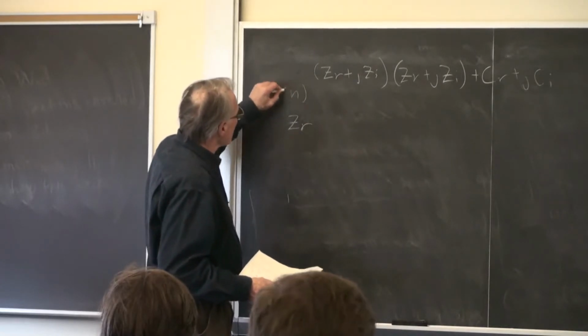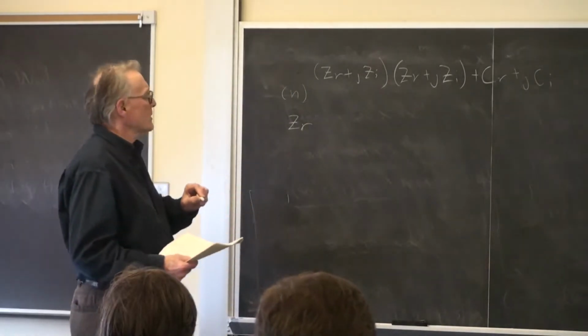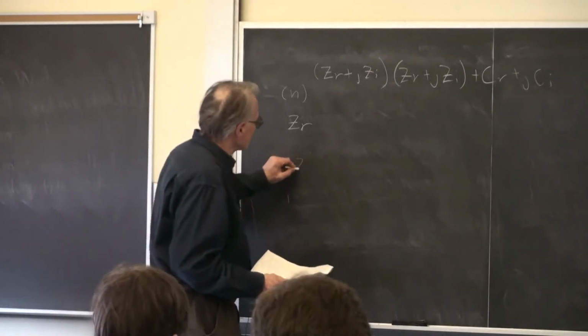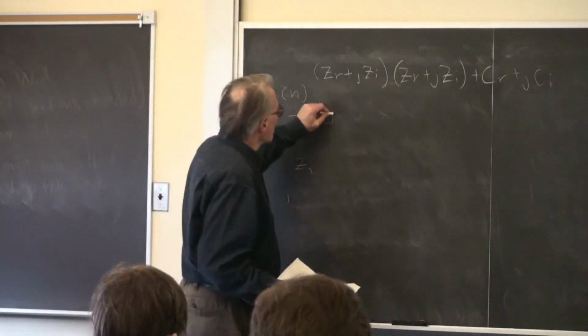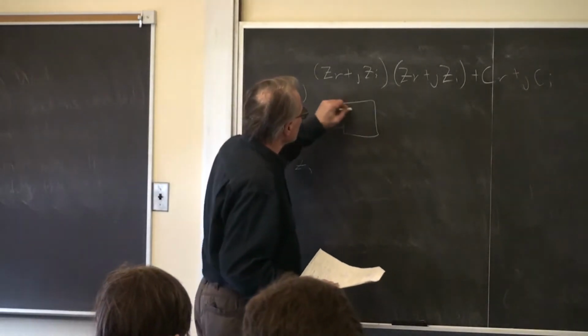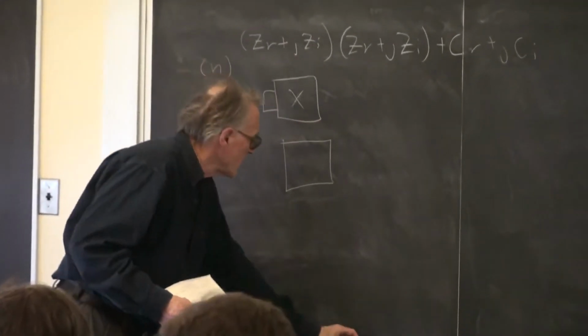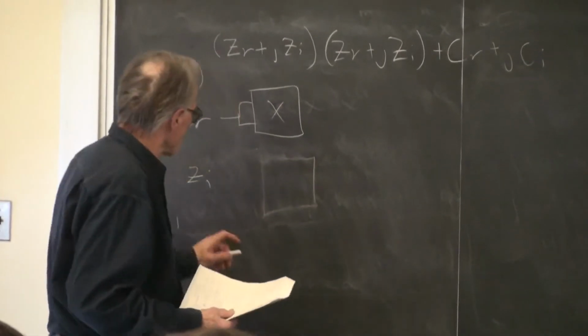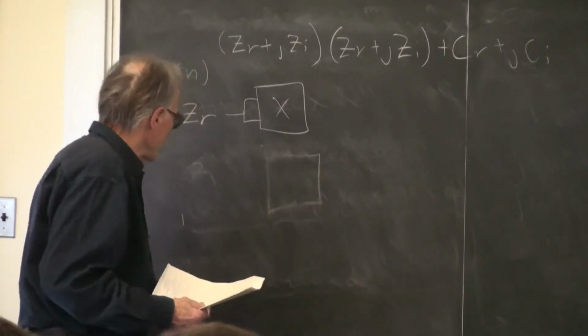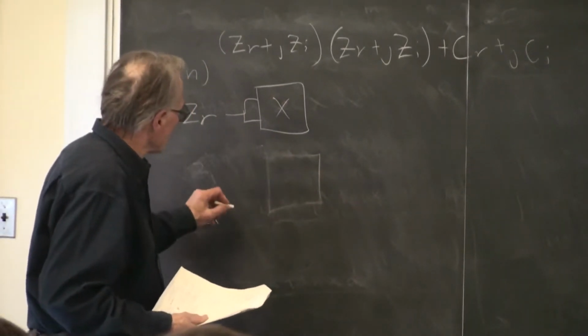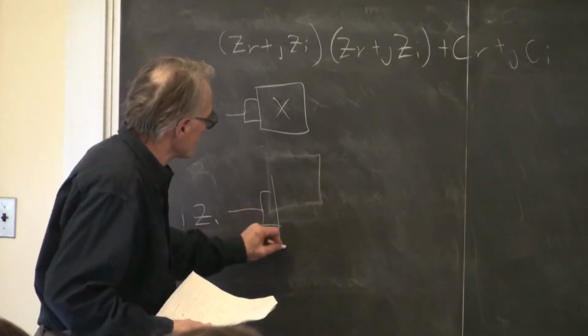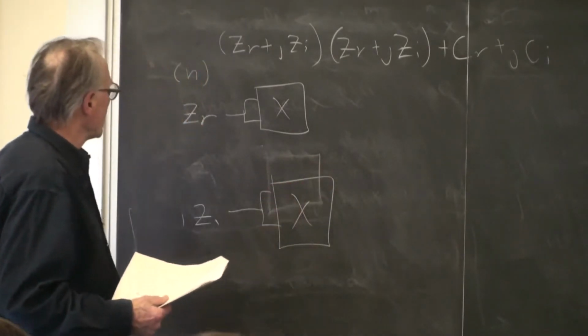and remember this is now step n. We have some z real and some zi, and we're going to put this into both inputs of a multiplier and square it, and we're going to put these both into inputs of a multiplier and square it.